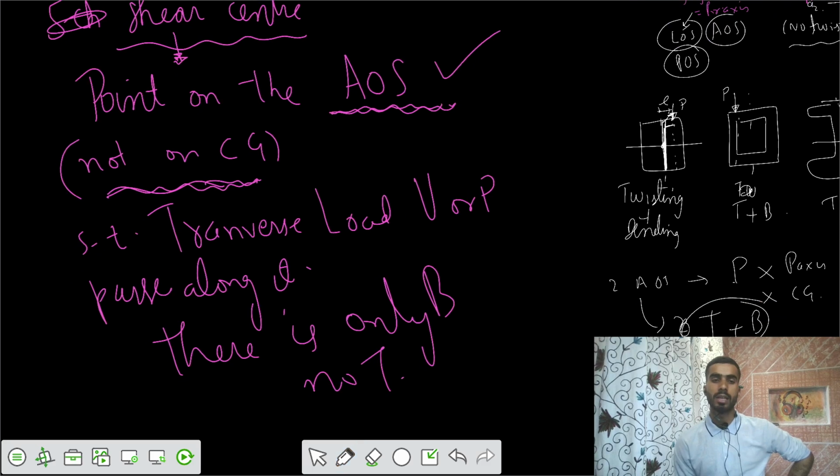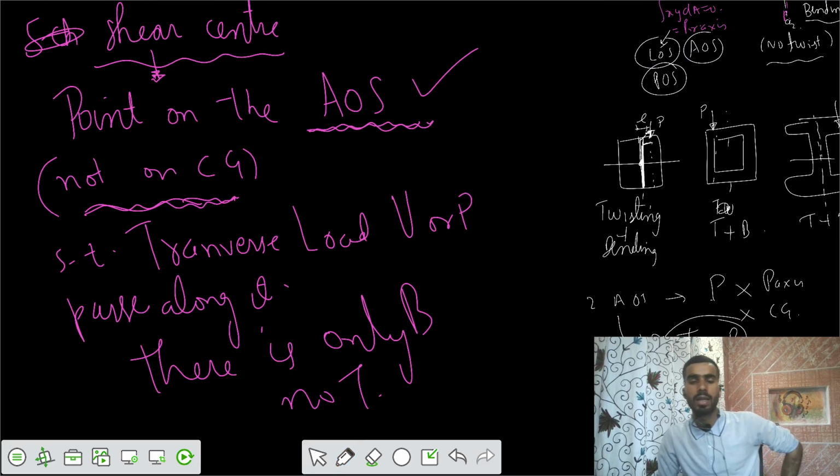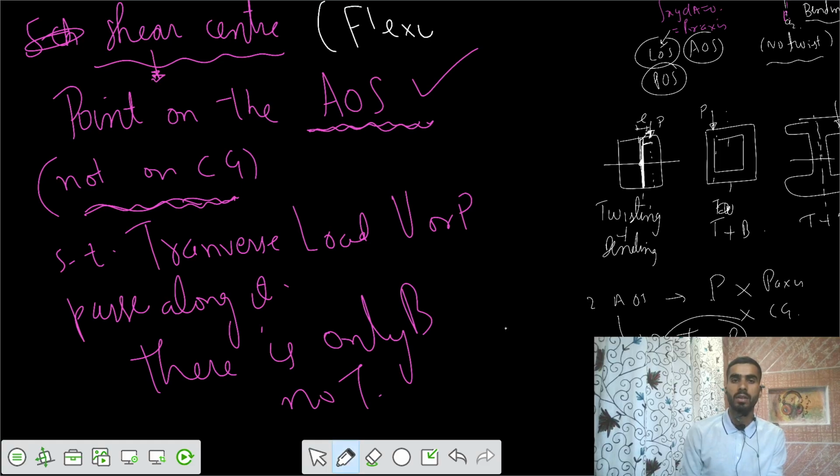So you got this statement that shear center is the point on the axis of symmetry such that the transverse load passes along it, there is only bending of the member or section, and there is no twisting. We call it by one more name, the flexural center. That means if the load passes along this, we have only flexure, that's bending, and no twisting.